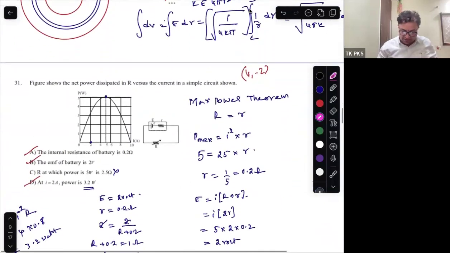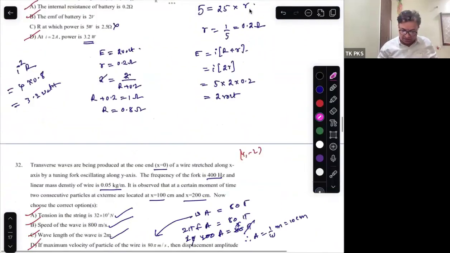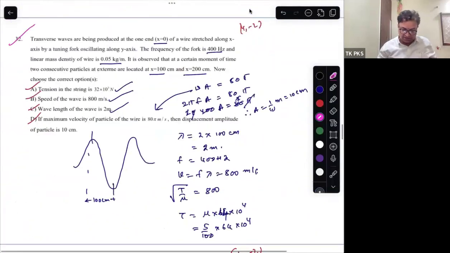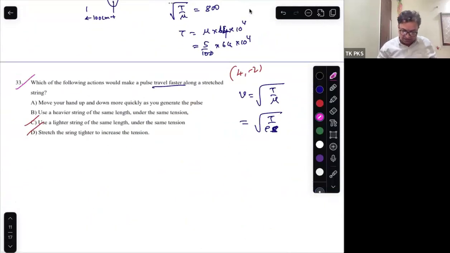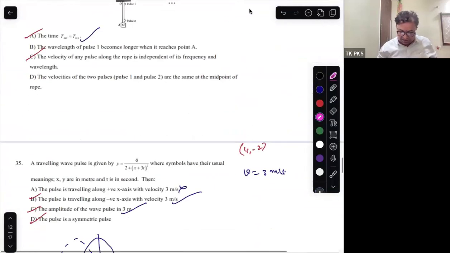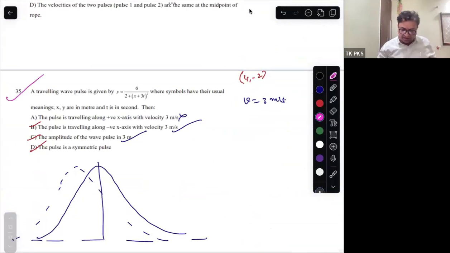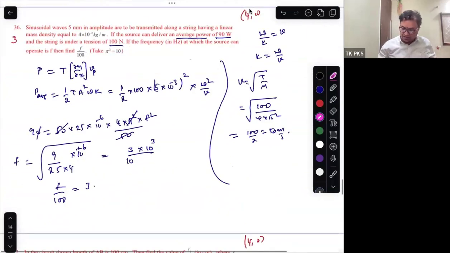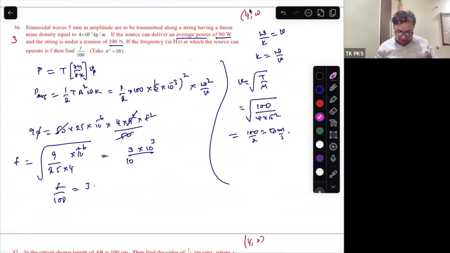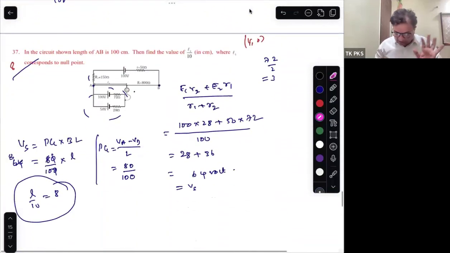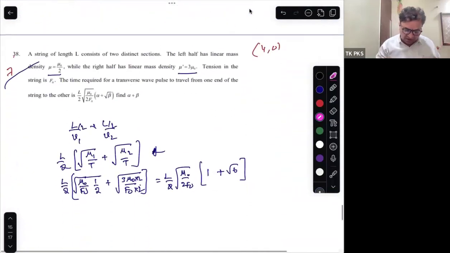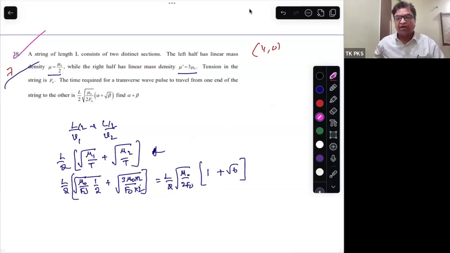Leave this. I can definitely do this. Definitely I can do this. Okay, I don't know, I'm not sure whether I remember the formula or not. Even this also I'm not sure. This I can do.